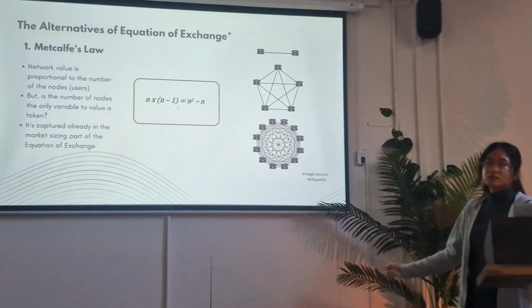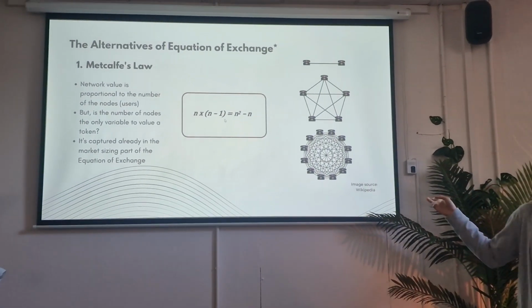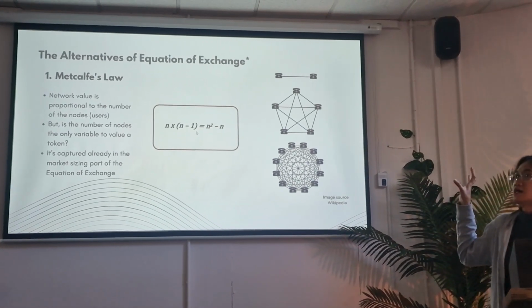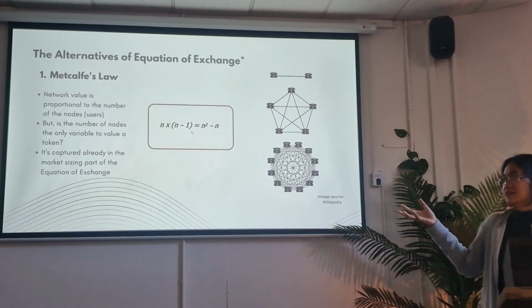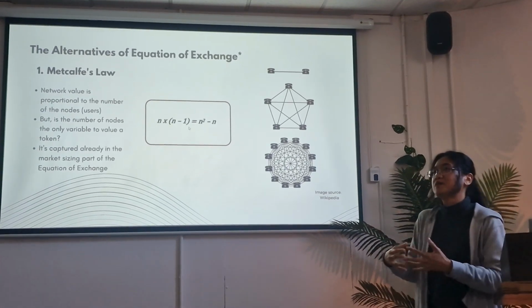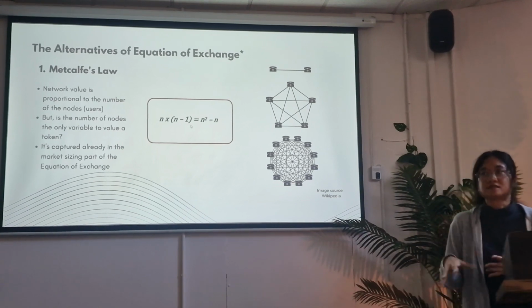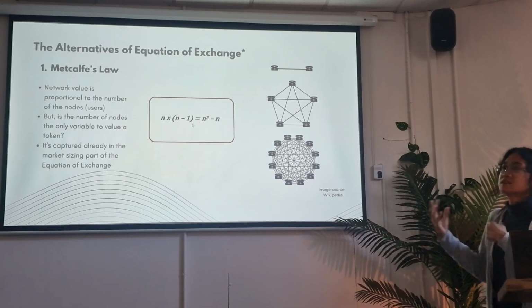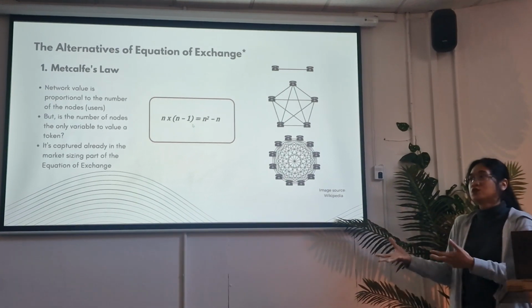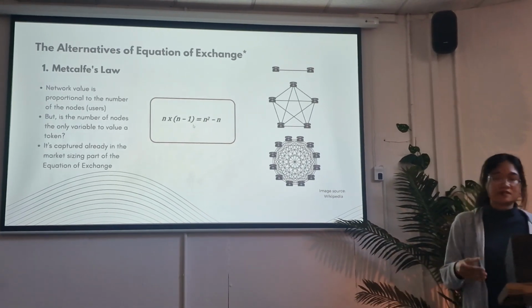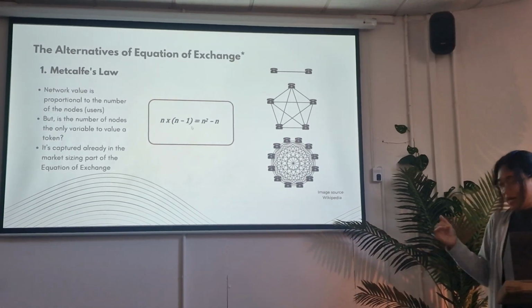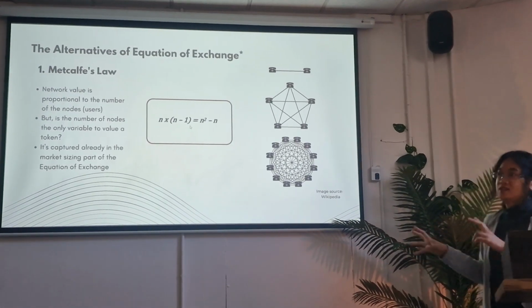So the alternatives to the equation of exchange, why I put these slides up is because tokenomics is a very new and developing field, kind of niche. So there are still competing theories about which equation we should use. Because in traditional valuation itself, the DCF, the discounted cash flow, also has different styles.